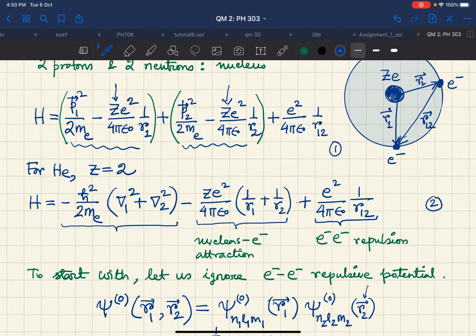Remember that this term was absent to start with. Therefore, the ground state energy for the system will be the sum of the ground state energies of the two hydrogenic atoms separately in the absence of the mutual repulsion.